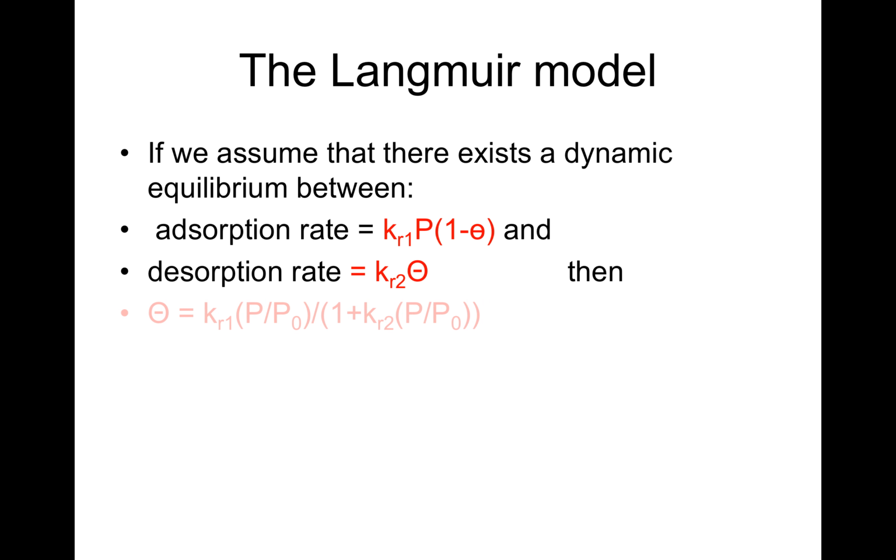If that's true, then theta is equal to Kr1 into P over P naught, all over, open bracket, 1 plus Kr1 into P over P naught, close bracket.